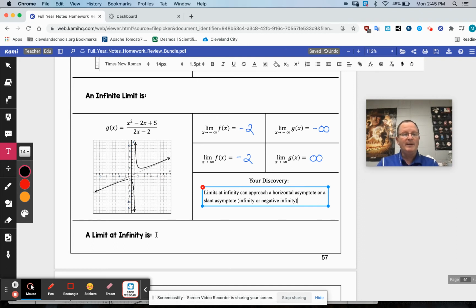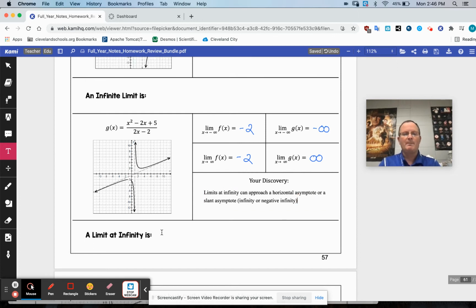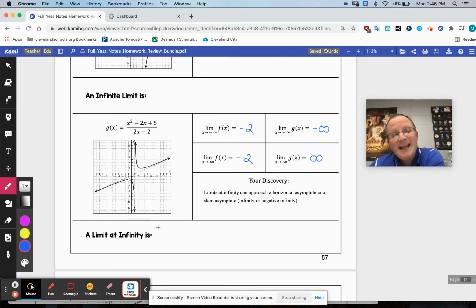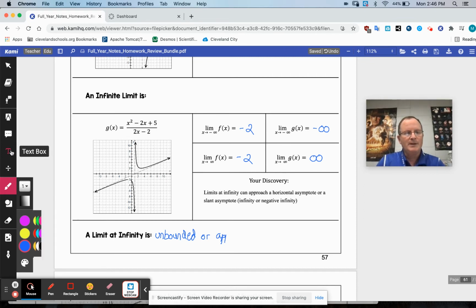So a limit at infinity is either unbounded or approaching a horizontal asymptote.